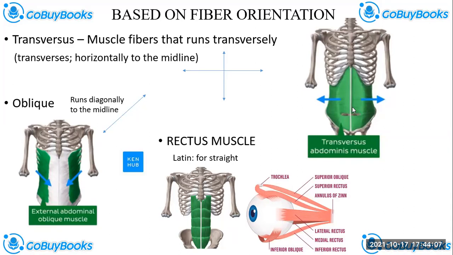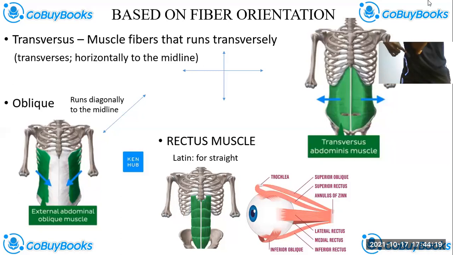The fibers of this muscle, which are what make up muscles, run transversely. Let me demonstrate a little: they go like this. So that's transversus abdominis, a muscle whose fibers run transversely. I'm trying to move as fast as possible. I don't want to waste too much time.